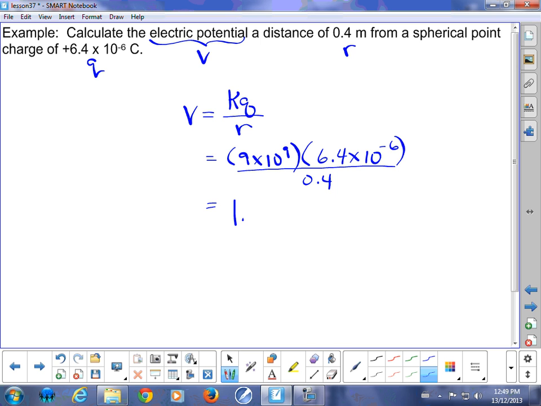So the electric potential is 1.44 times 10 to the 5th volts. All right, so there we are, and the appropriate therefore statement would be attached to that.